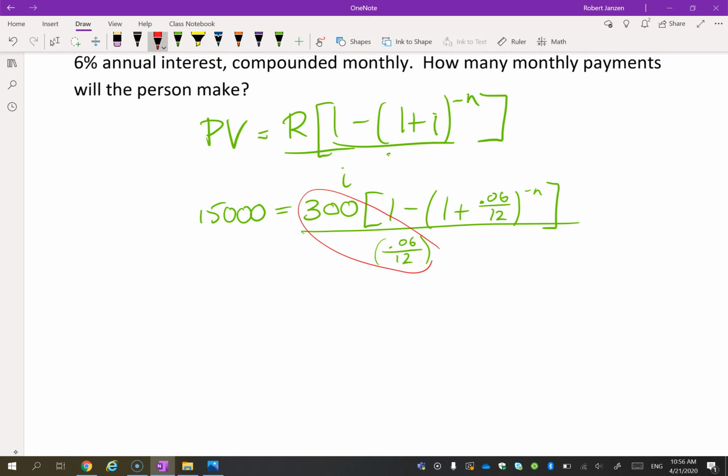Let's do this. 300 divided by 0.06 divided by 12. So that's 60,000. So 15,000 equals 60,000 times 1 minus, and let's do that 1 plus 0.06 divided by 12. Let's make that a little bit easier.